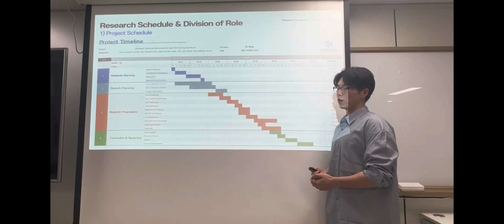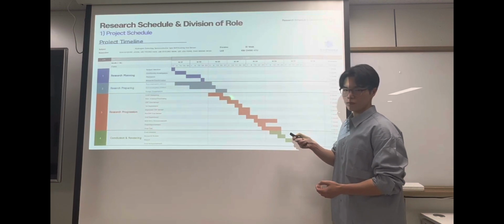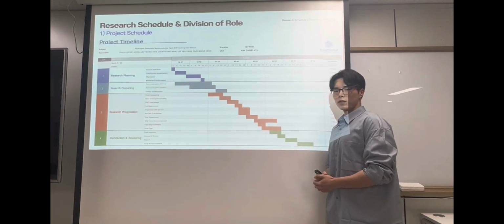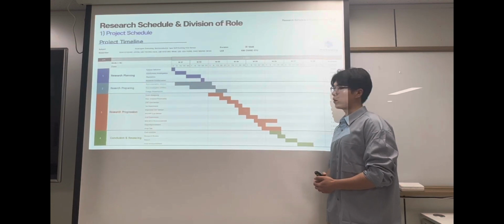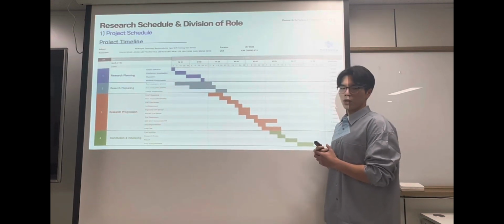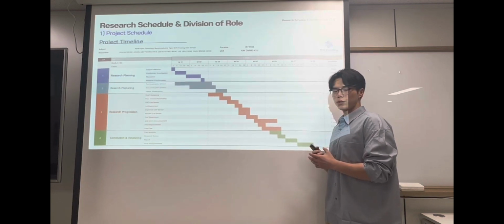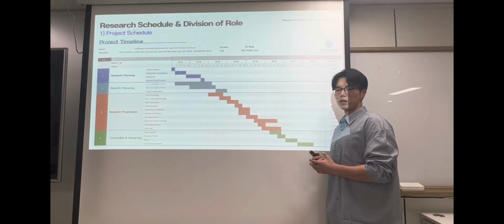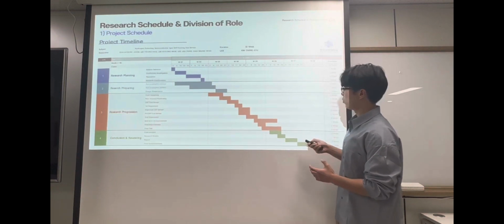From now on, in April, we started to make the CNT gas sensor, and in the middle of April, we will test its performance. We plan to produce the secondary experimental result, which is the deposition of palladium, by June.